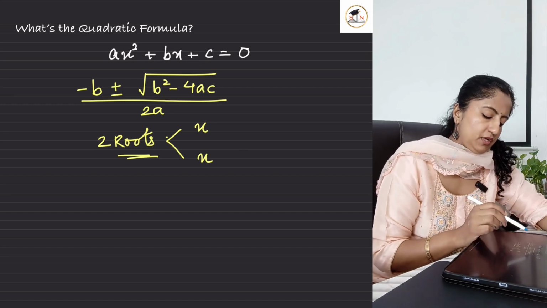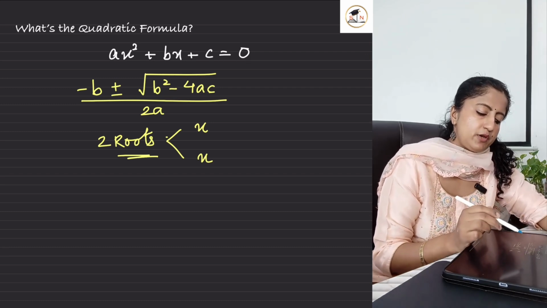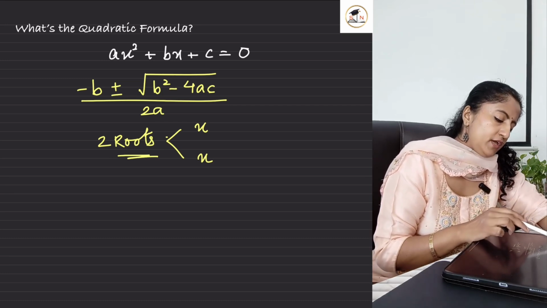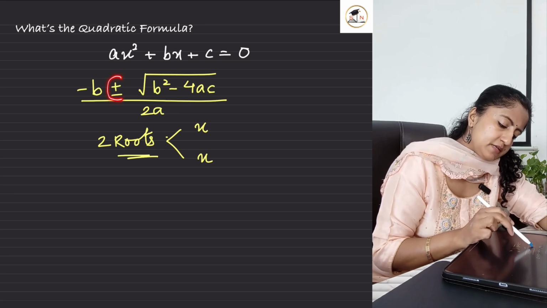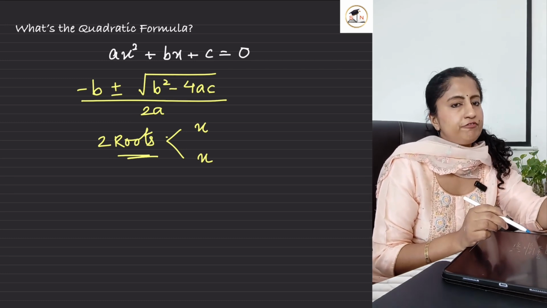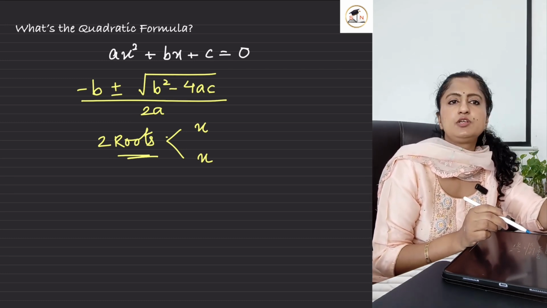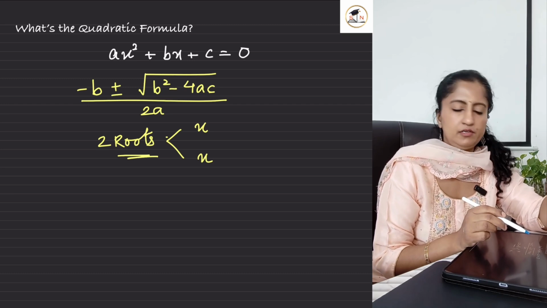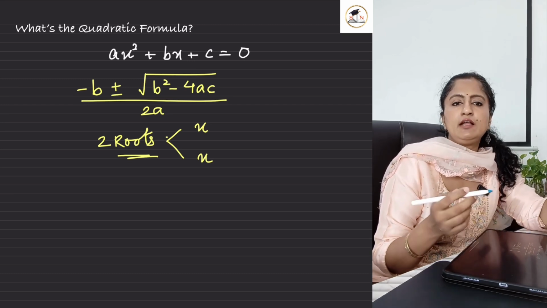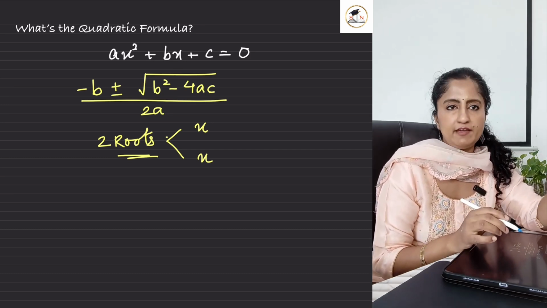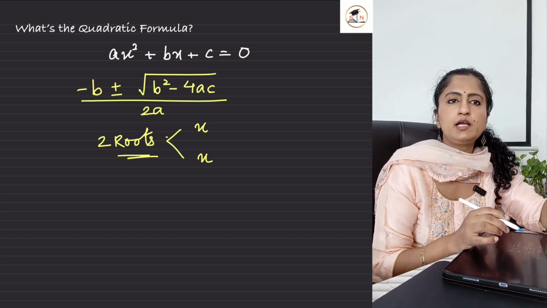Now, this is the formula: minus b plus minus square root of b square minus 4ac, whole divided by 2a. Just pay attention that plus and minus are both written together. Why? Because after this plus and minus comes a square root, and a square root gives us two kinds of values, either positive or negative. Whether we need the negative value or not, it gives us both, so we have to explore both options every time we deal with a quadratic equation.